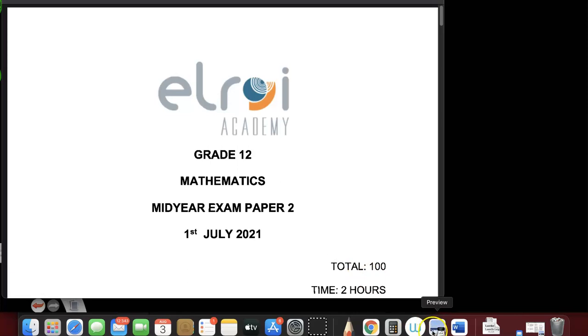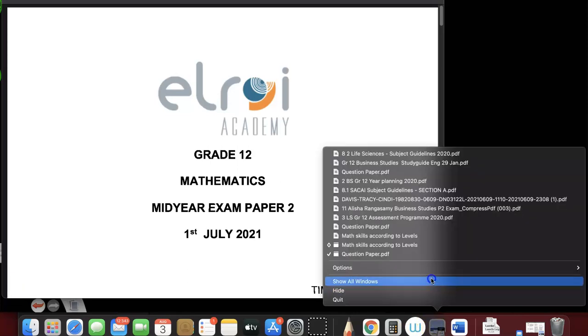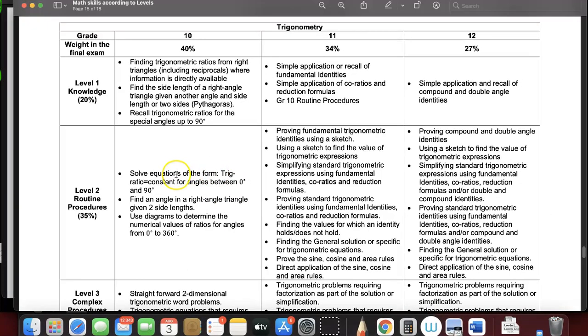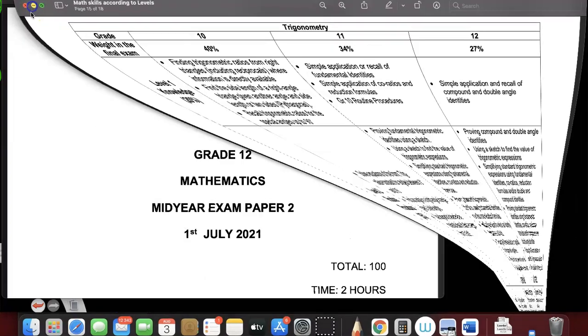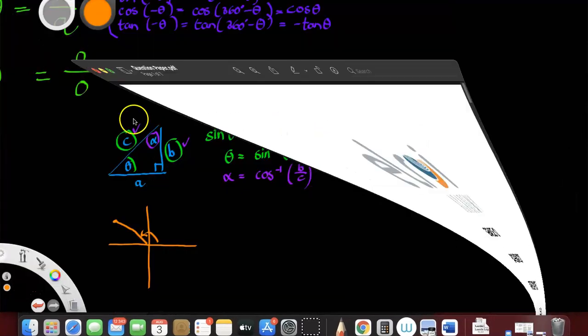What is it saying here? Use diagrams to determine the numerical values of ratios for angles 0 to 360. To be honest, I'm not 100% sure.